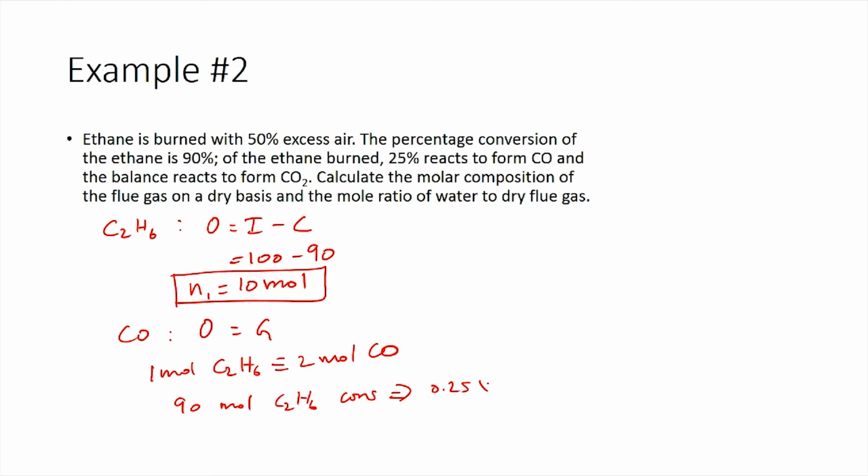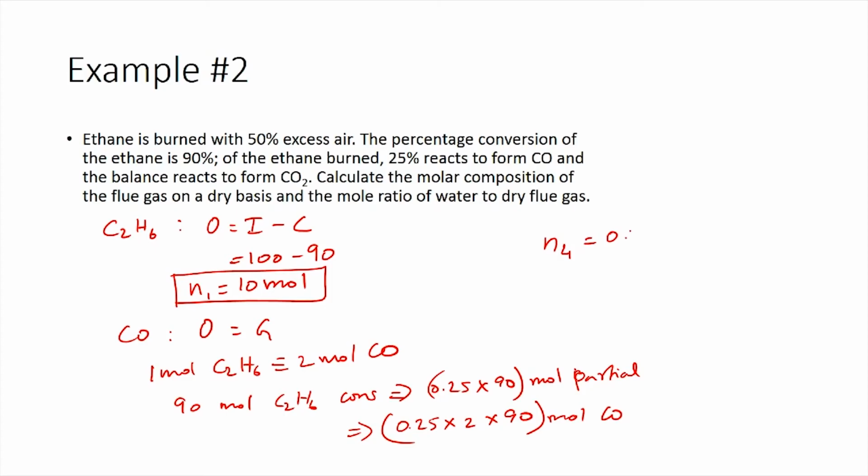This implies 0.25 times 90 moles is combusted partially. So, this implies you have 0.25 times 2 times 90 moles of CO generated. So, the number of moles of CO in the output, which is N4, would be equal to 0.25 times 90 times 2, which is 45 moles.